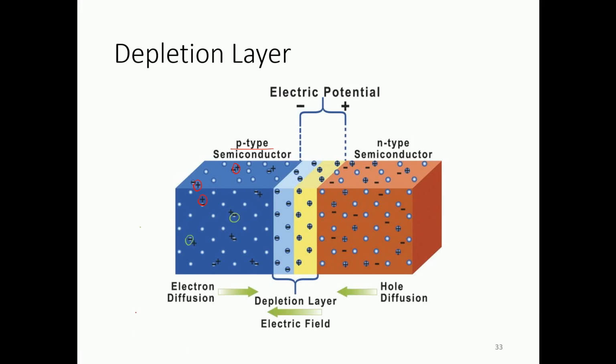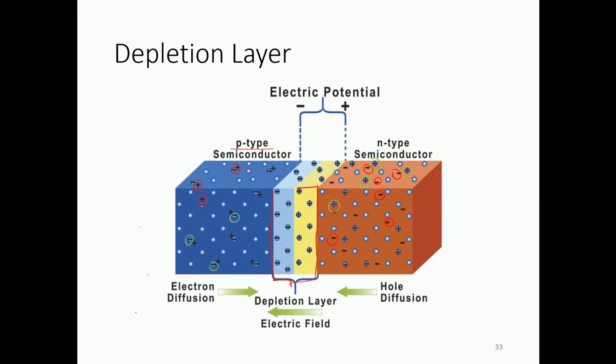On the other side we have an n-type material where holes are in minority, but we are interested in the majority carriers, which for the n-type are electrons, shown over here by the red circle. When these two materials are brought in contact with each other, a junction is created, which is known as this depletion layer over here.